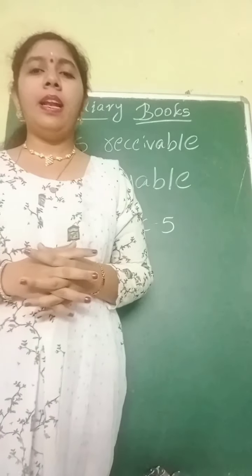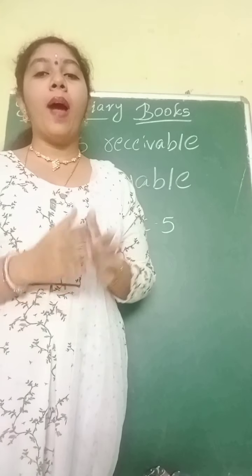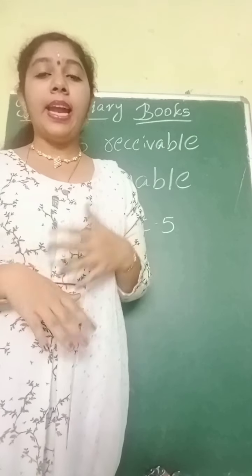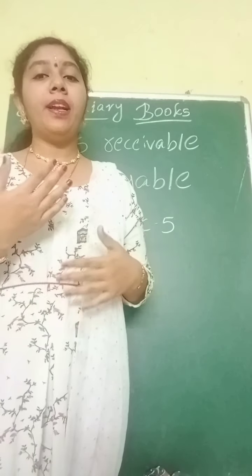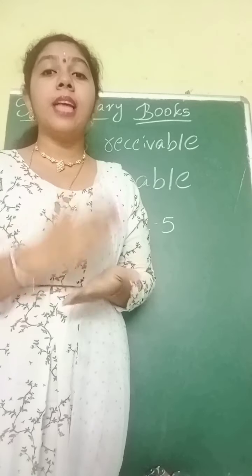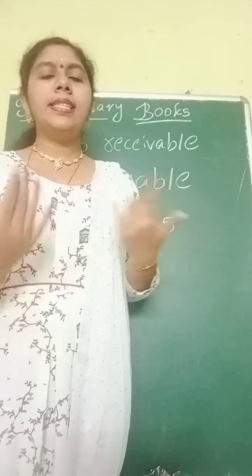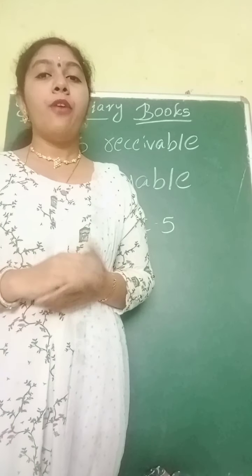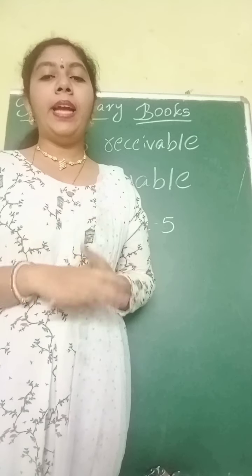For example, if he has taken goods worth 1 lakh rupees on credit, the supplier has given the goods, and it is a very risky factor for the supplier, because he may take the goods and go away.